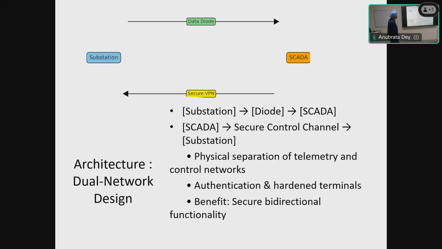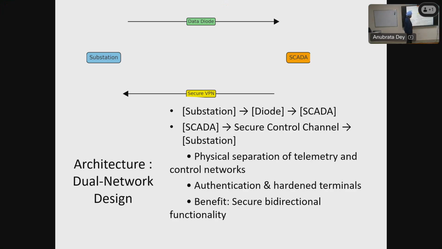This is another one where data flows in one direction, but through a secure VPN, SCADA can interact with the substation in a limited way. It does provide the physical separation between telemetry and control network, right?